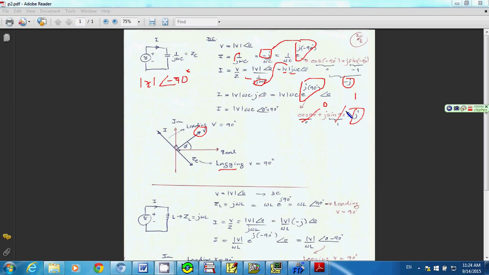So you end up with j. That's why you have current equal to the magnitude of V multiplied by omega C, and then the phase is 90 degrees. So it means it's leading the phase of the voltage by 90 degrees. That's why I have it here as leading V by 90 degrees. But the impedance of your capacitor is lagging the phase by 90 degrees. Okay, so this is how your capacitor works.